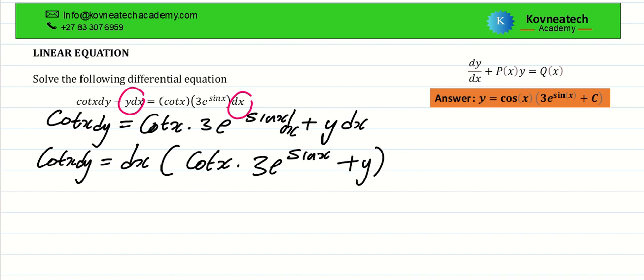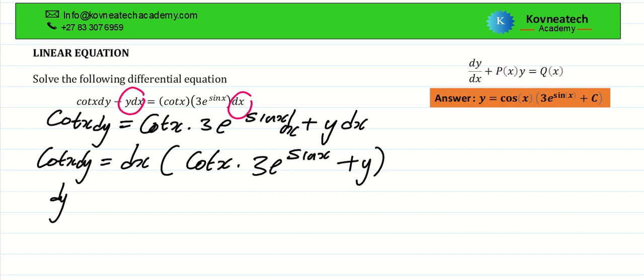Now I will find dy over dx. So dy over dx will be equals to, obviously I'll divide both sides by cot x. Or let me do it the long way, so that you can get it.